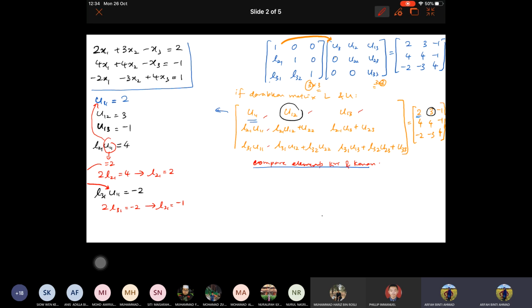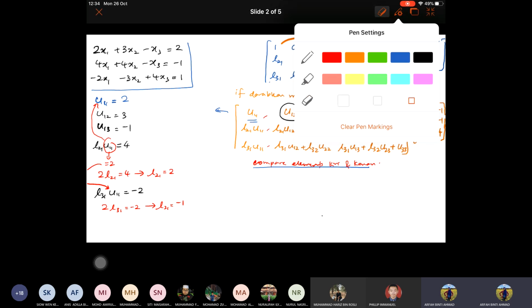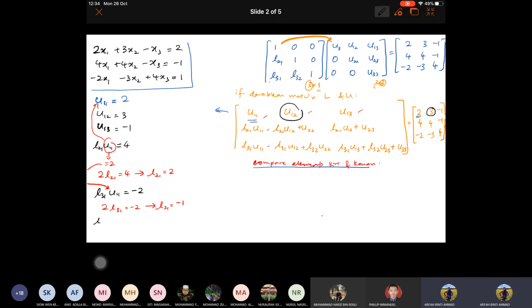Kita dah tahu. Okay. Then kita boleh masukkan dekat dalam second column tu pula awak boleh selesaikan. Sebab U12 kita dah tahu, L21 pun awak dah tahu. Kita tinggal dapatkan L22. Okay. L21 U12 tambah U22. Yang ini sama dengan berapa?